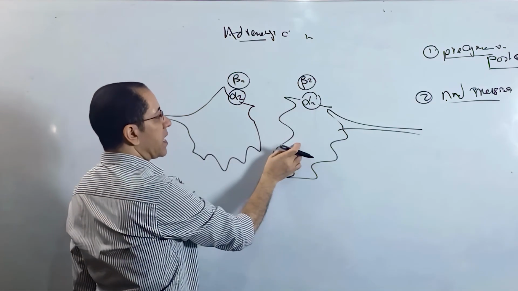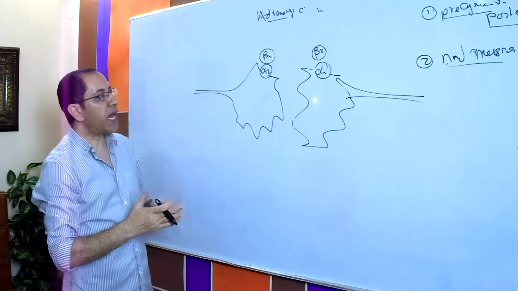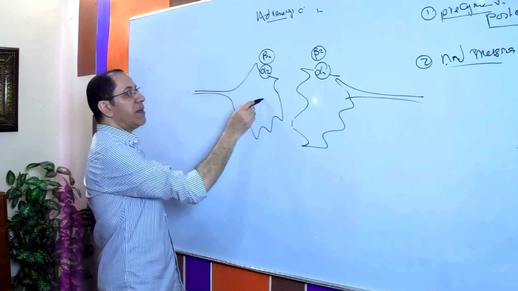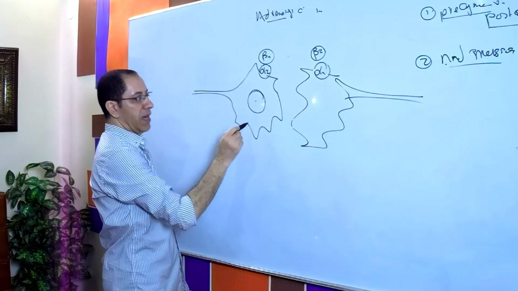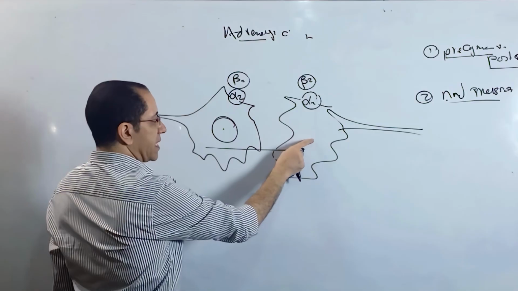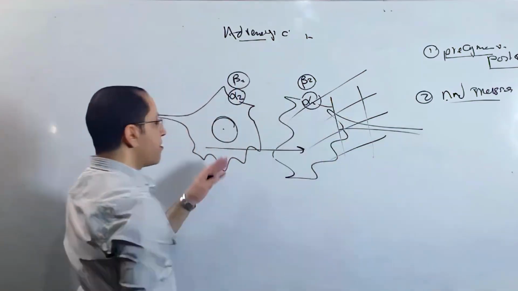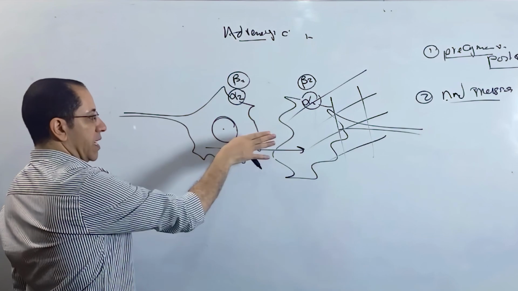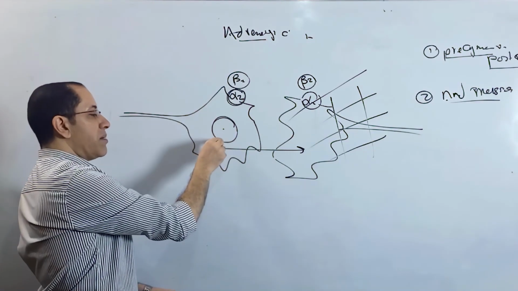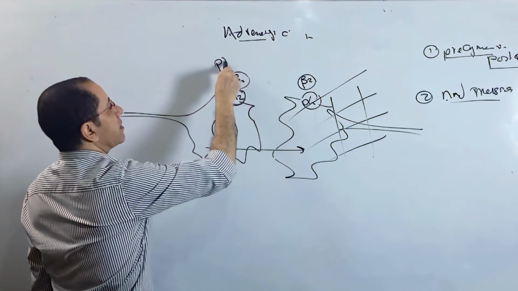Which of these are called postsynaptic and which are presynaptic? Look at the direction of the chemical transmitter, from where it comes and to where it goes. If the chemical transmitter is moving in this direction, from this cell to this one, or let's assume this is a tissue instead, and this is a nerve terminal, and the signal is moving in this direction, then the receptors present on the neuron or nerve terminal which releases the transmitter are called presynaptic.